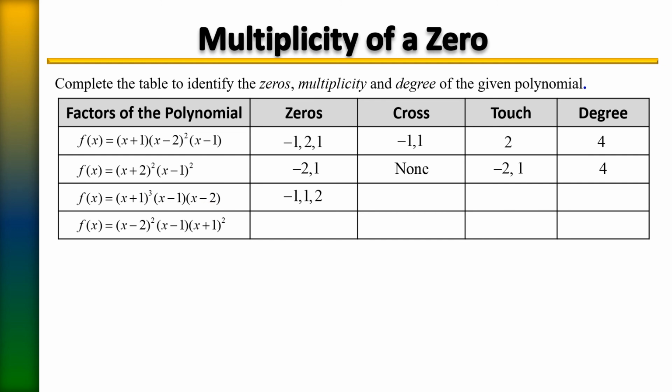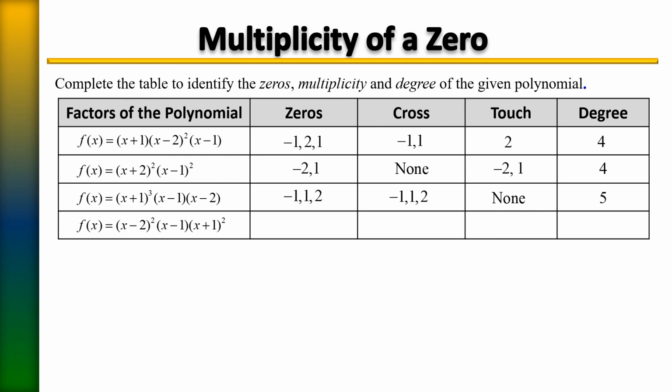It will not touch anywhere because we don't have any even multiplicities. What is the degree of this polynomial? Let's count their multiplicities. 3 plus 1 is 4, and 4 plus 1 is 5. So this is a fifth degree polynomial.